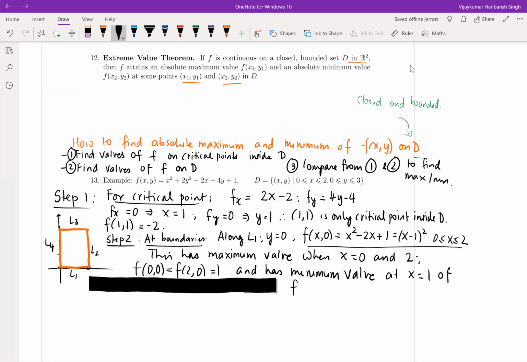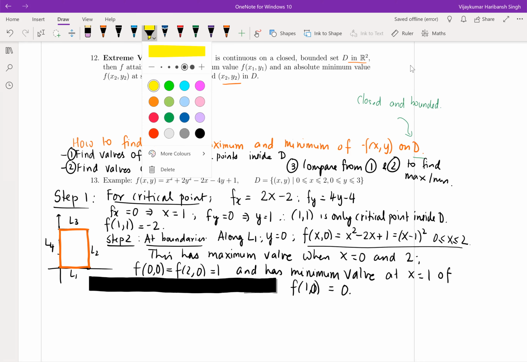What is the minimum value? f(1, 0), which is going to be 0. So we have just fixed this along L1.